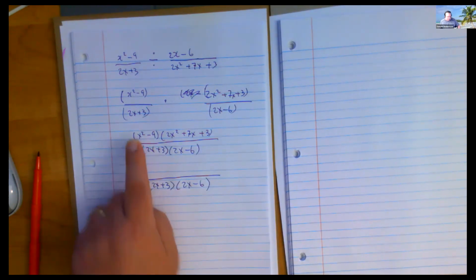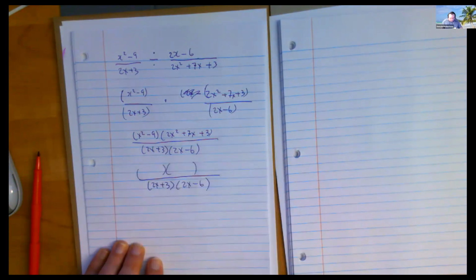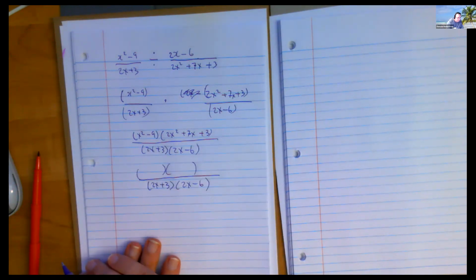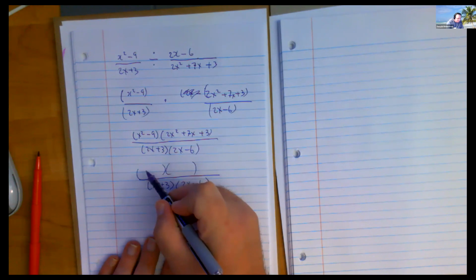x squared minus 9. Let me just keep going. I've noticed something. x squared minus 9. Difference of 2 squares? How's that going to work out? Positive and negative.